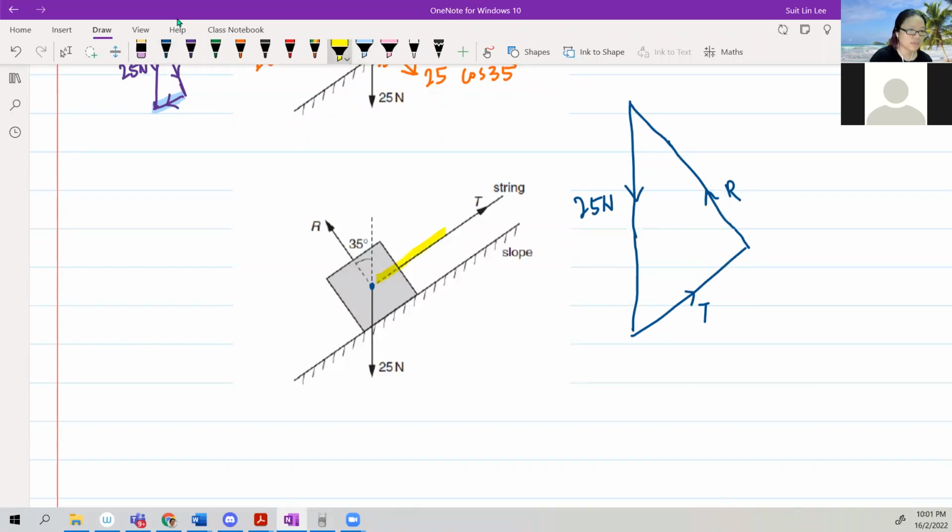If you look at T, the alignment for T is here. If it makes you happier, I can do this on a digital drawing. I'm going to draw T. Now T is like that. Length, I don't know, but this is T. Then I have MG. MG is pointing vertically downward like this.